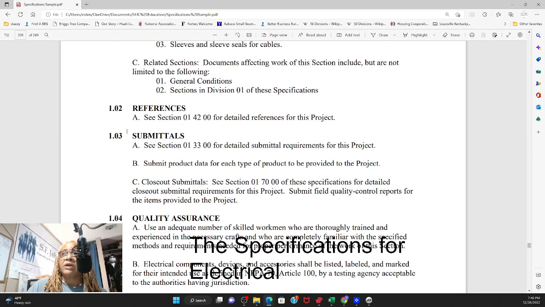Submittals, right? What are submittals? This is why you read those specifications, because submittals can be in your specifications here in our electrical portion, or it can be somewhere else. I have a class on submittals, and I'm going to redo that class.